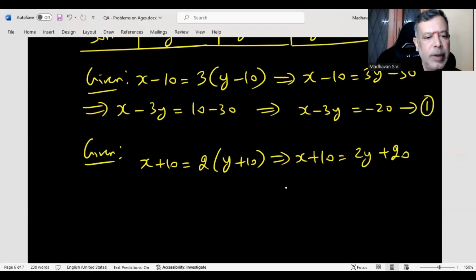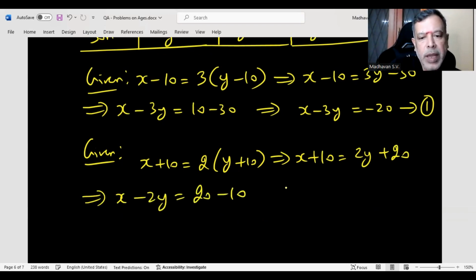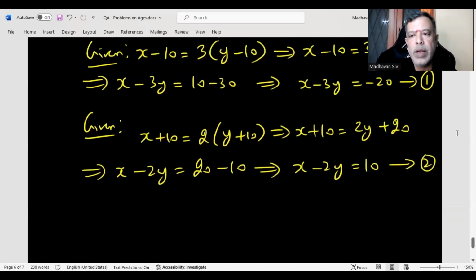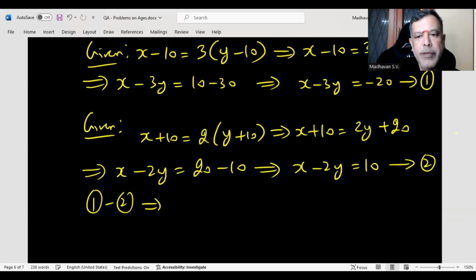Further, x minus 2y is equal to 20 minus 10, means x minus 2y equal to 10. Consider this as equation 2. Now let us subtract 1 and 2. If we do that, this x and x gets cancelled.